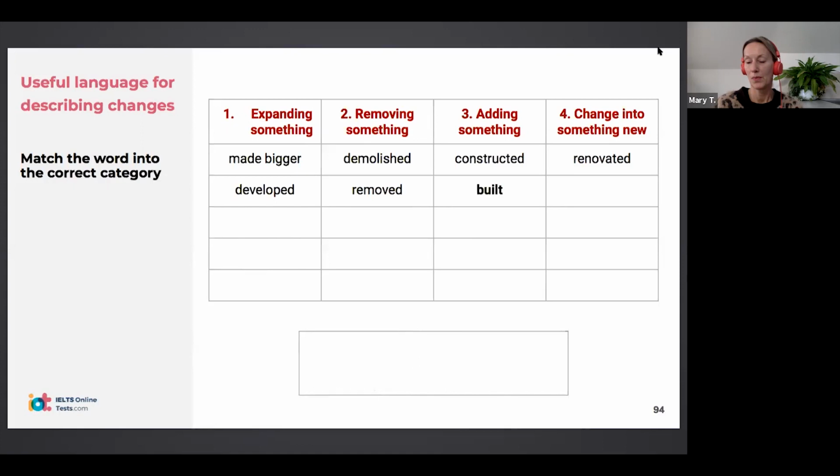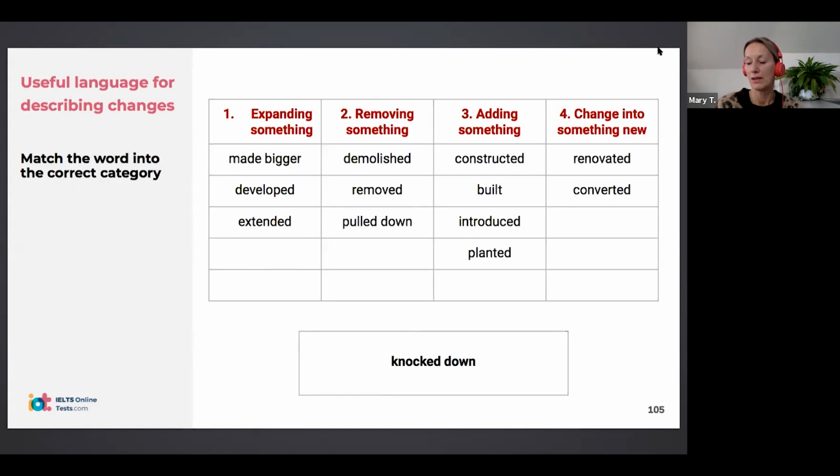Built is three, yes. Pulled down. Two, yeah. Converted. Four, yeah. Introduced. Three, yes, good. Planted. Yeah, some of you got that one. Three. Extended. One, that's right.